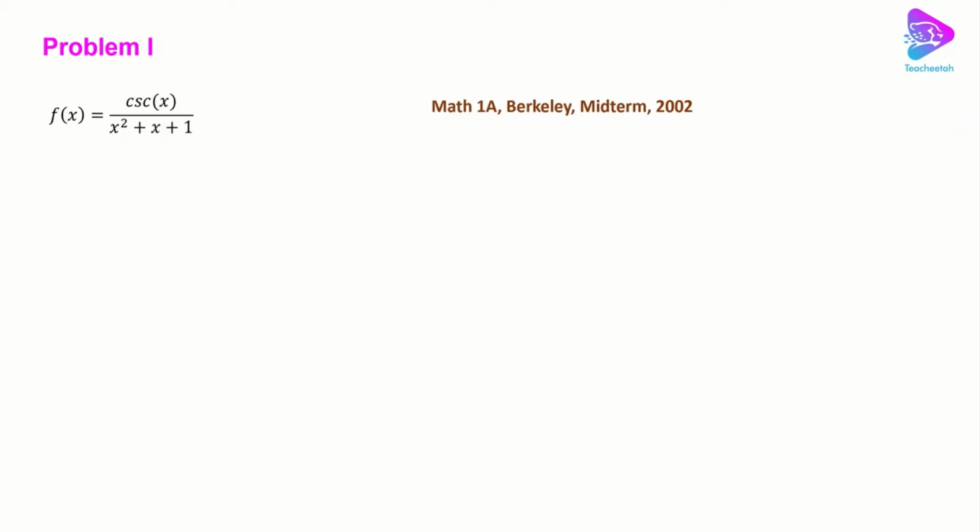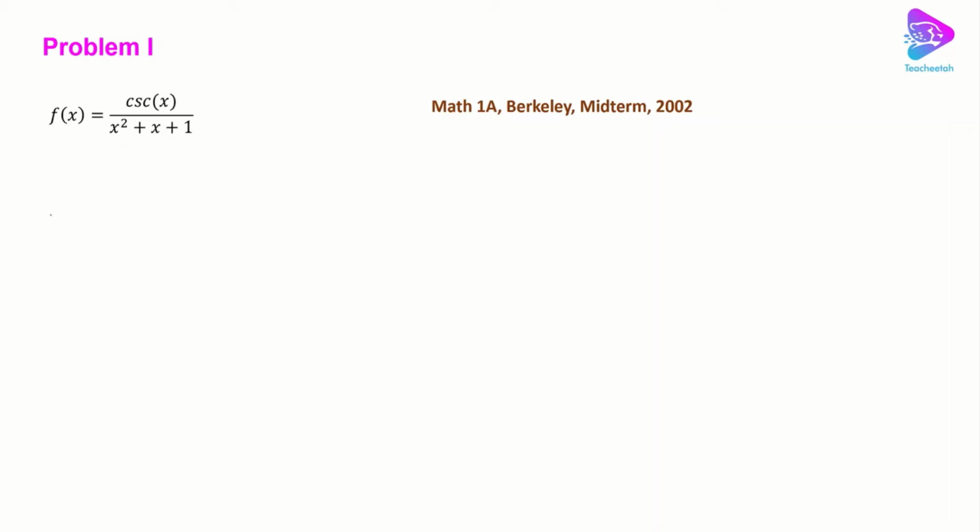The quotient rule says we have to take the derivative of the top times the bottom function as it is, minus the derivative of the bottom part times the top, over the bottom function to the power of 2. Let's do it.